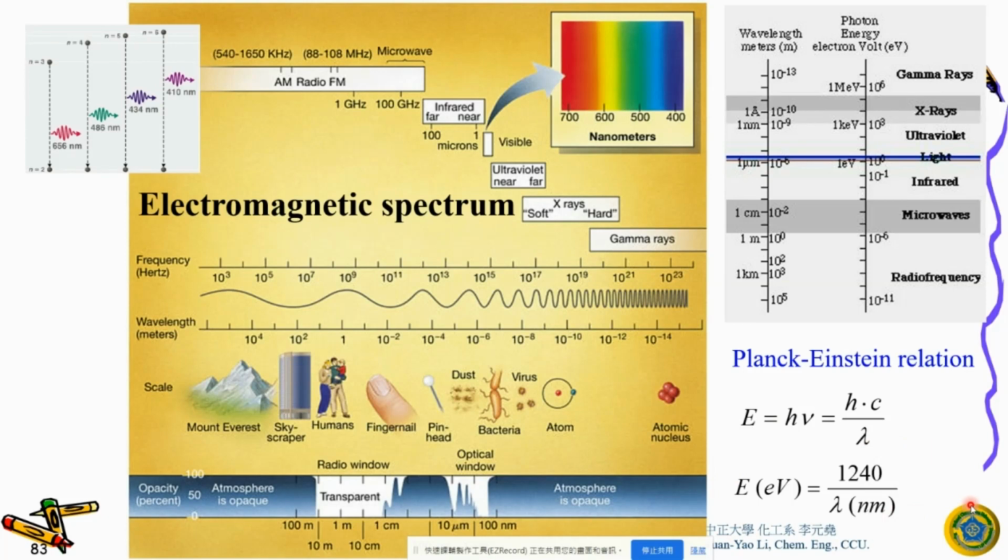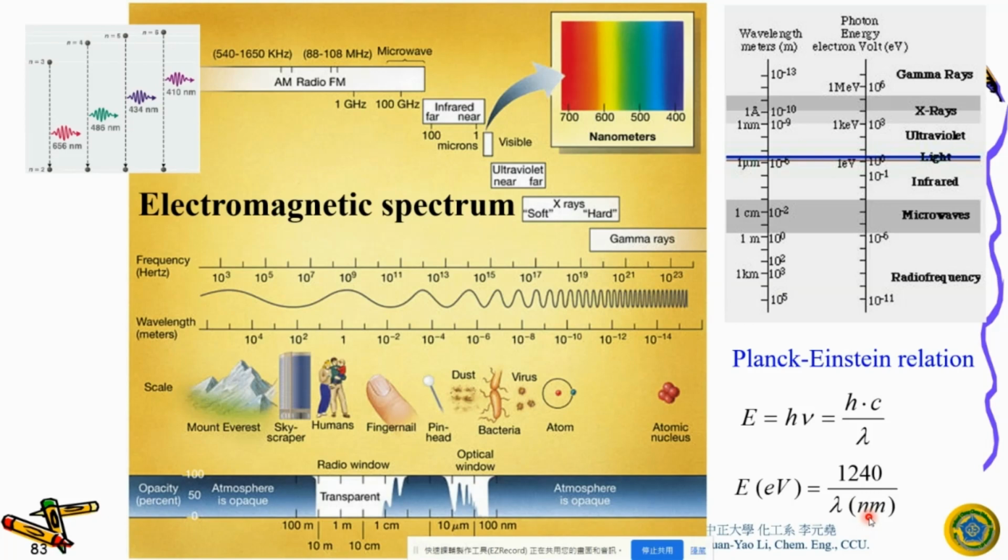For example, if I want to ask you the energy of blue light, you know the visible light we can see is between 400 and 700 nanometers. So if you put 400, this is blue light, right? And a longer wavelength will be red light. So if you put 400 here, you will be able to tell me roughly the energy of blue light.